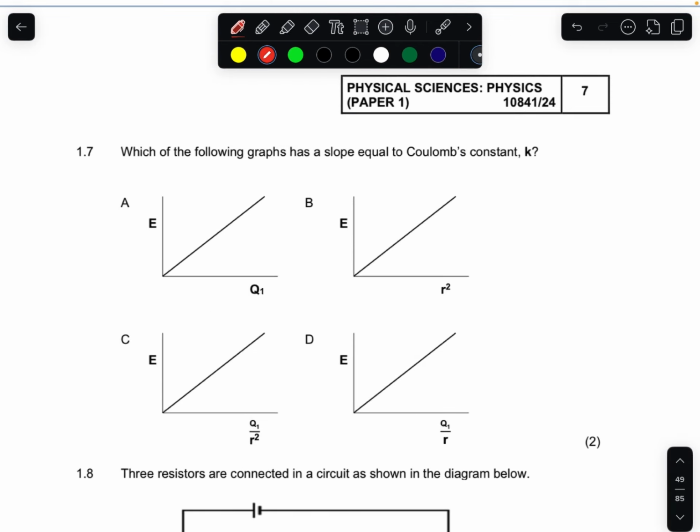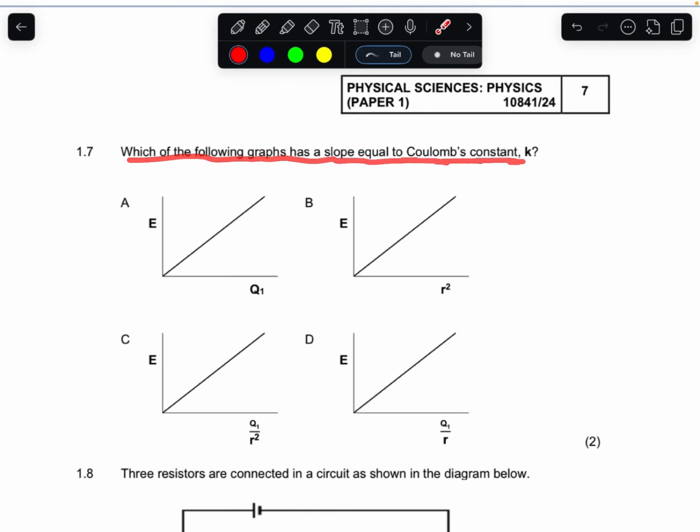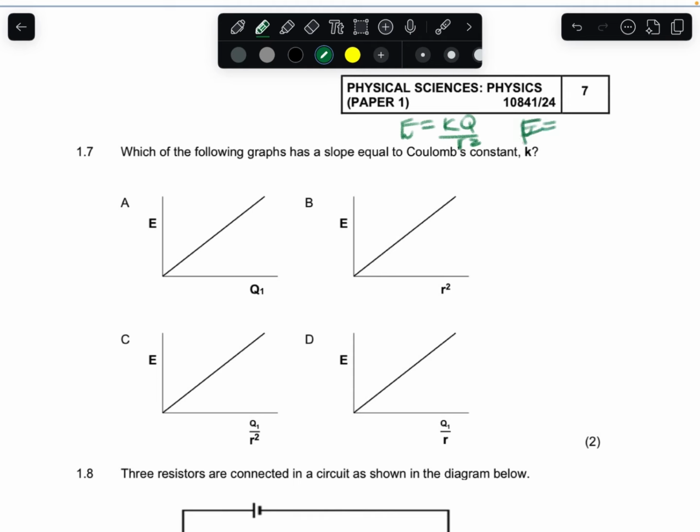Now 1.7, it says, which of the following graphs has a slope that equals Coulomb's constant? We know Coulomb's constant from the formula where E is equal to KQ over R squared, or the formula that says F is equal to KQ1Q2 over R squared. Now let's look at this graph.